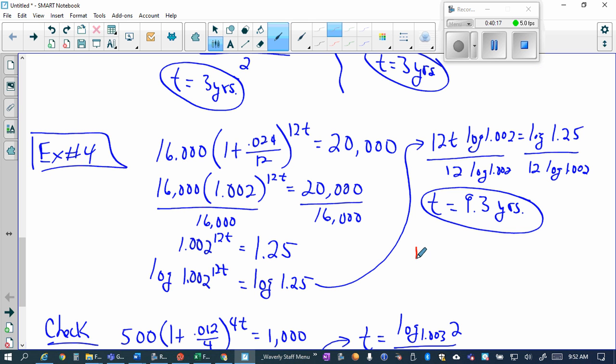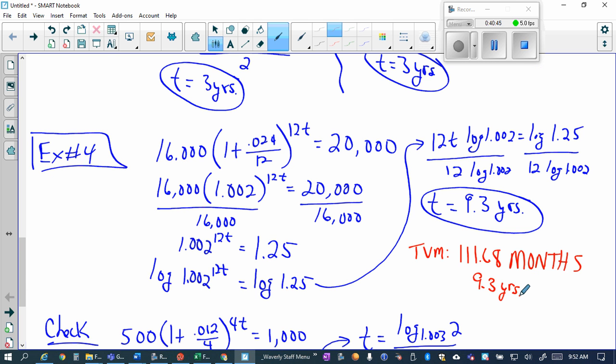If we did the TVM, you got 111.68 months. Take that and divide it by 12. What do you get? You should get 9.3 years, right?